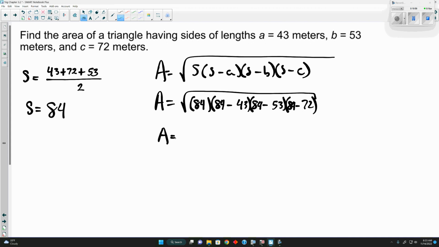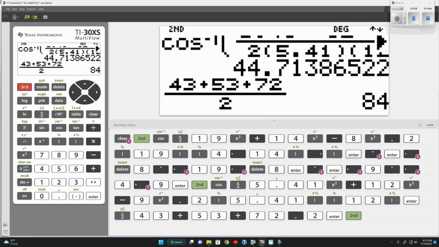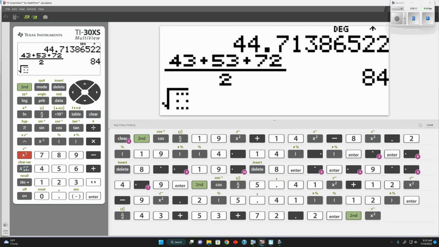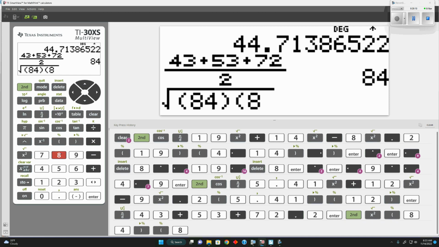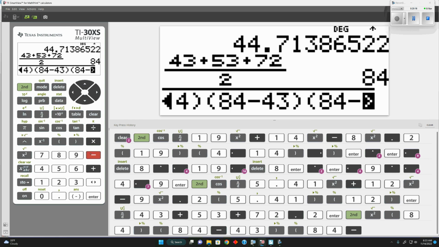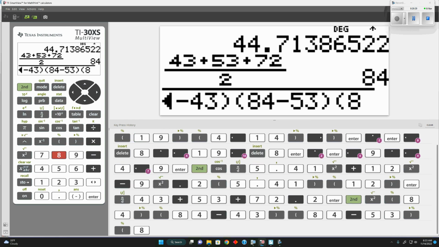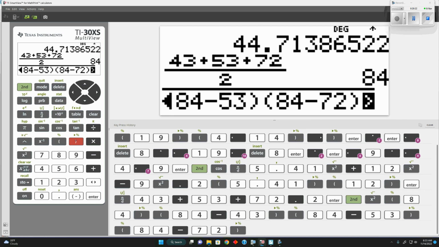Questions on this so far? I mean, we could try to do this by hand. Plug it in. Square root of 84 times 84 minus 43 times 84 minus 53 times 84 minus 72.